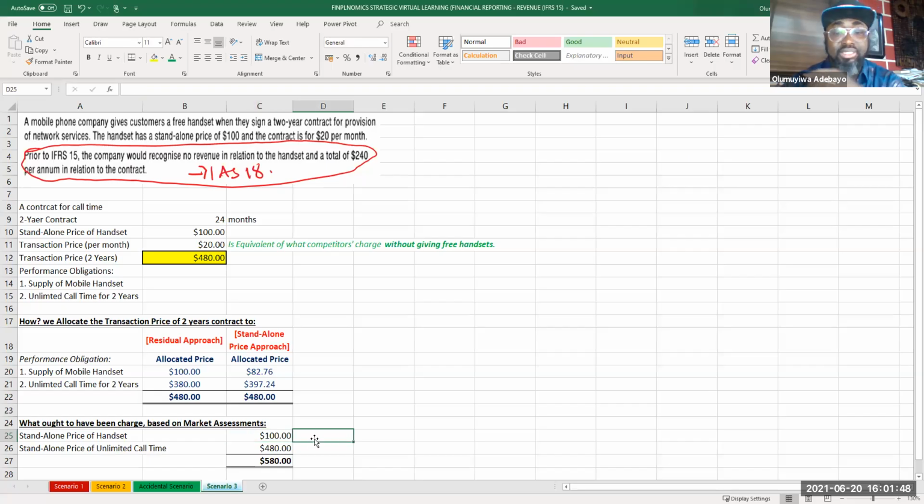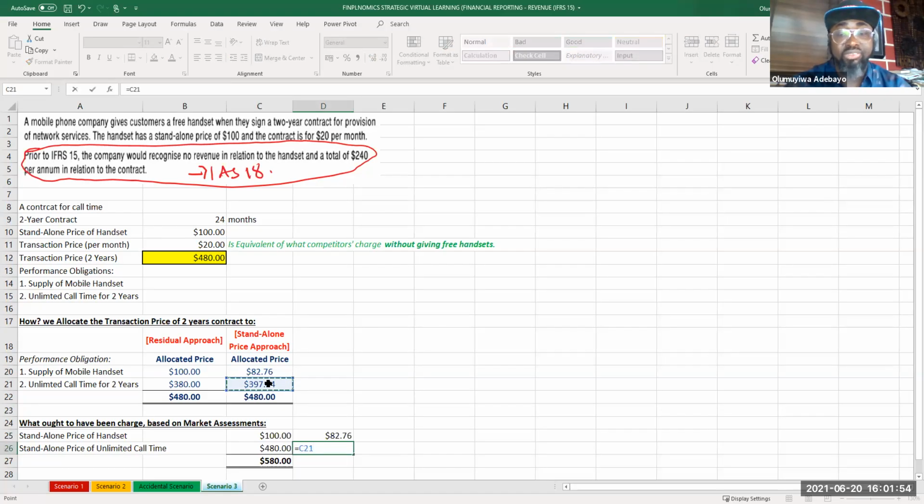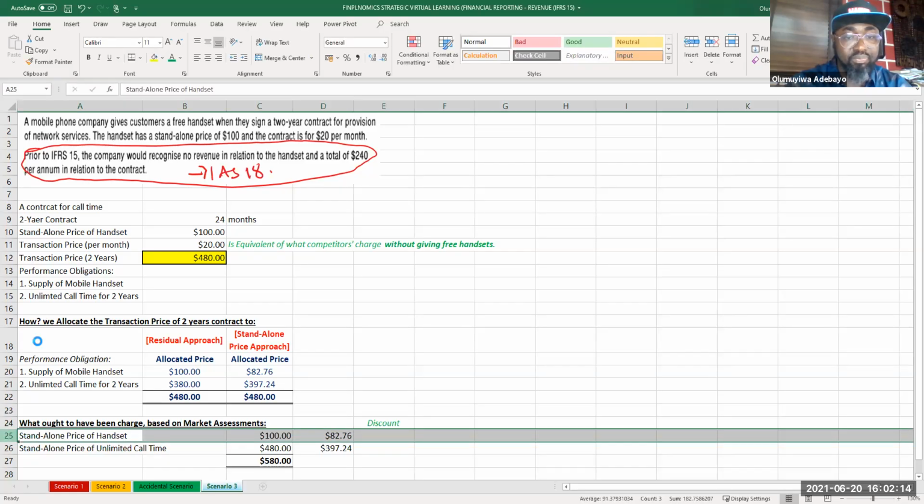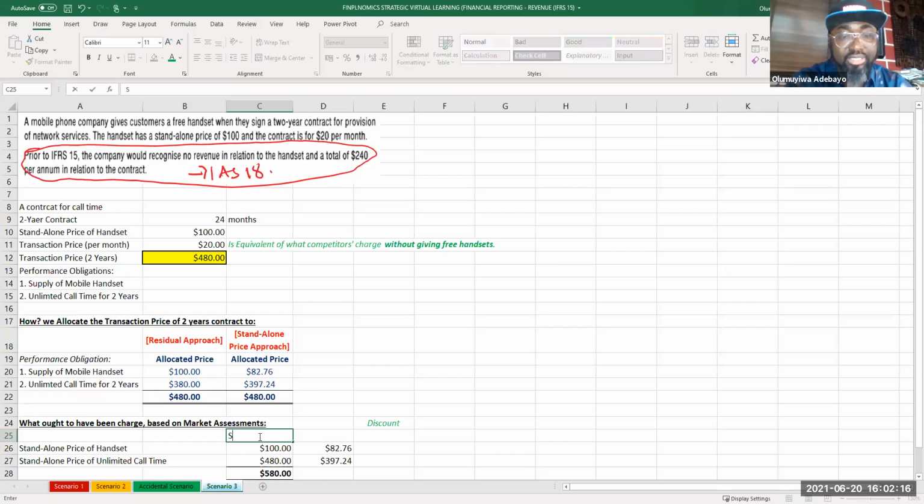And what is the something? Invariably, this is the price you are selling the asset, and this is the total price of the call, which means the discount you are giving. The discount you deem to have given is the difference between the transaction price. This is the transaction price. Let me break it down. This is standalone price.